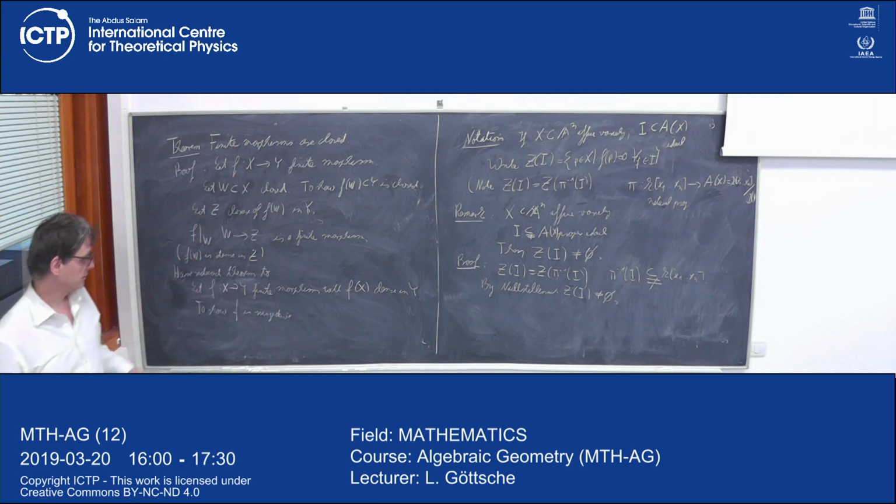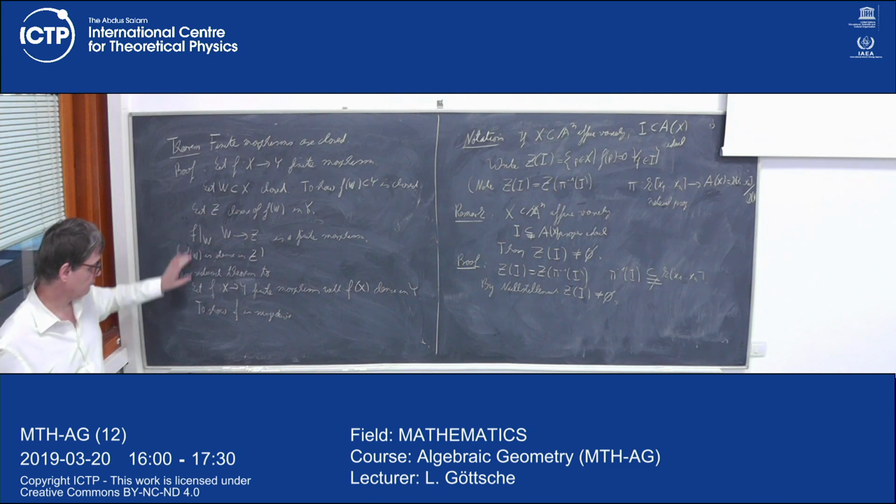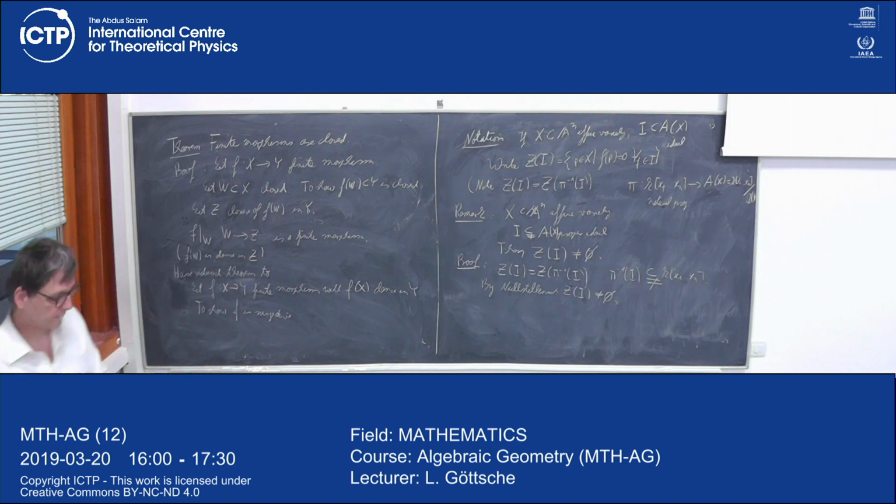Via this we reduce to this case, because we now can put W becomes X, and Z becomes Y. So we have to show that.